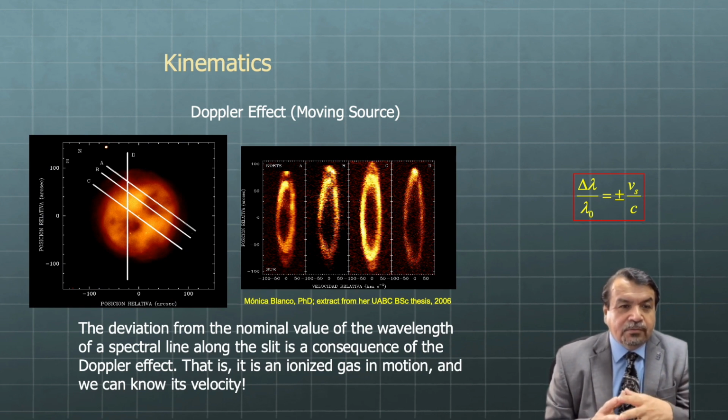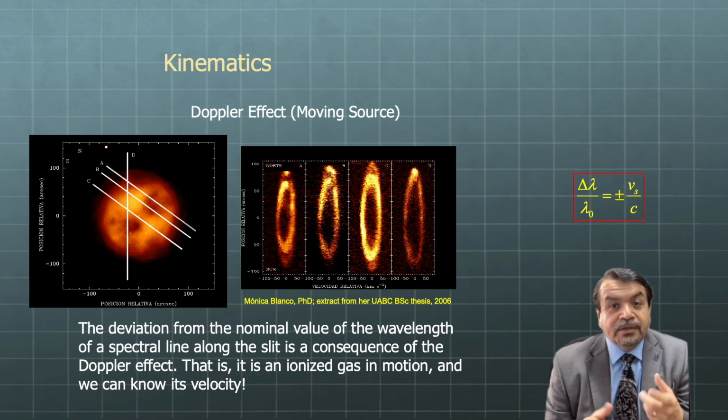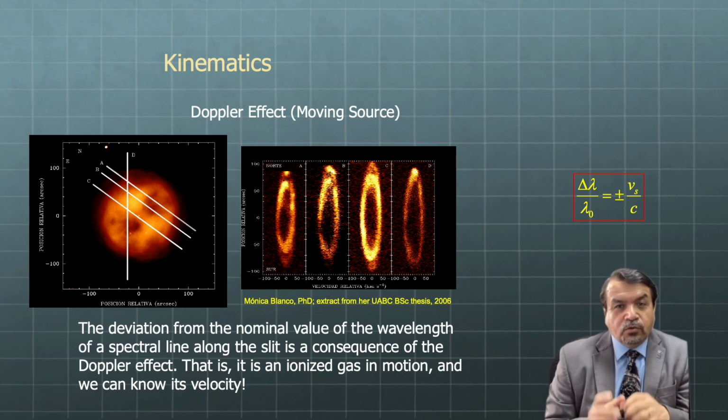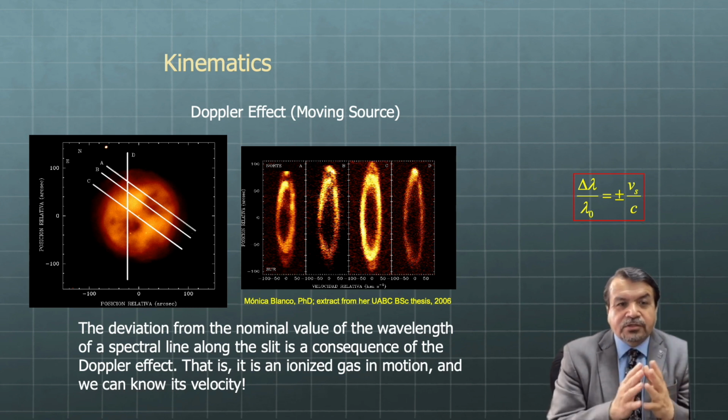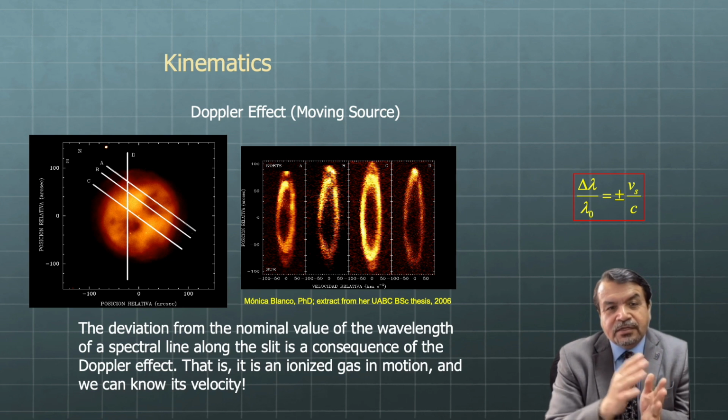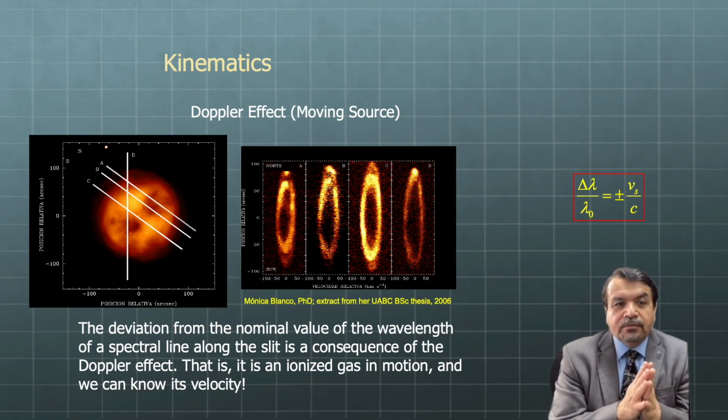This is the Owl Nebula. This is a portion of what constituted the undergraduate thesis of Monica Blanco, who is currently a doctor. So, in Monica's thesis, we had observations made of the Owl Nebula, which is a spherical shell. And they can see, for example, that in slit C we almost pass through the center. In the other slits we are not passing through the center.